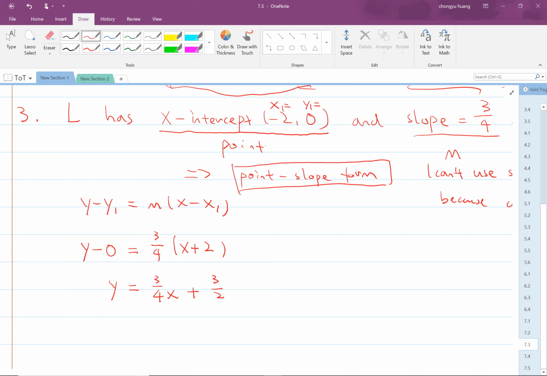Yeah, I think we get the right answer. So the equation of this line is y equal to 3/4x plus 3/2.